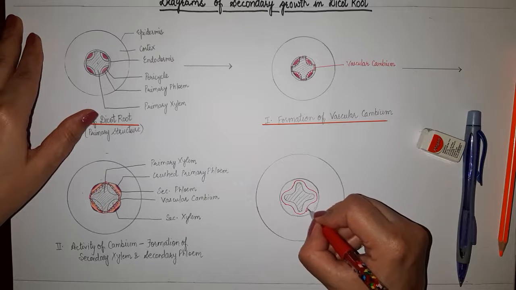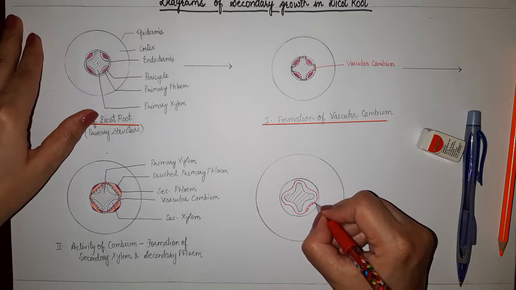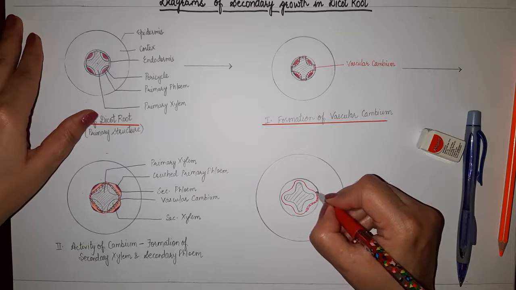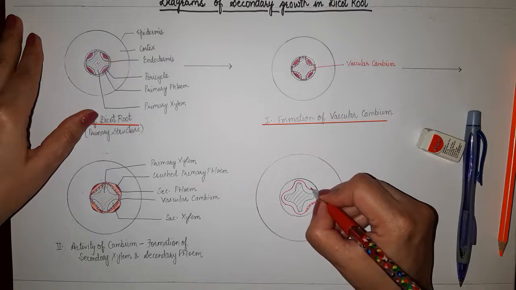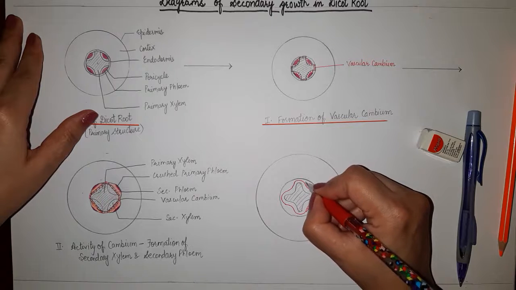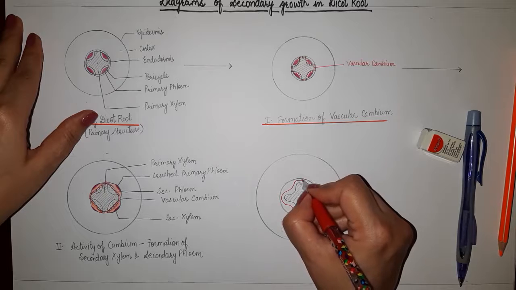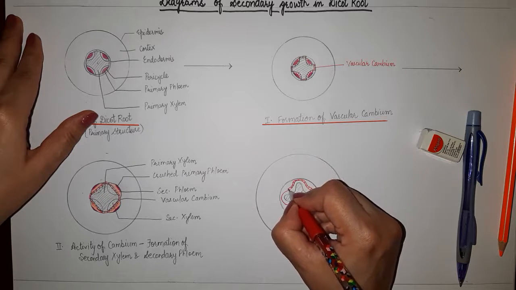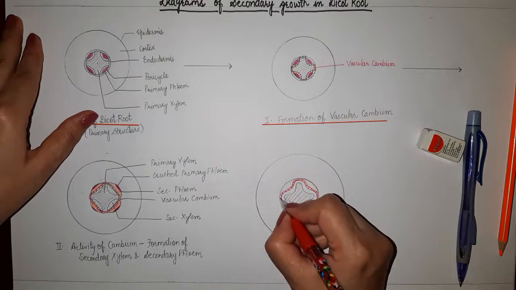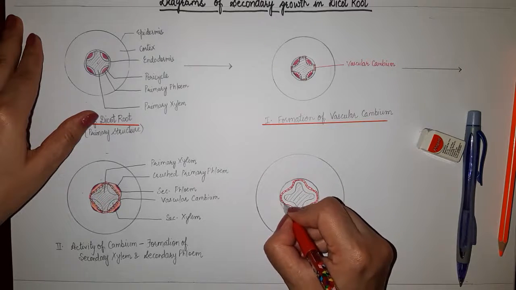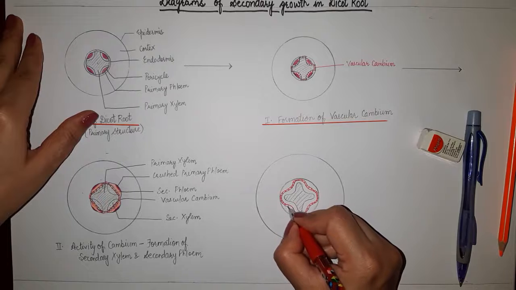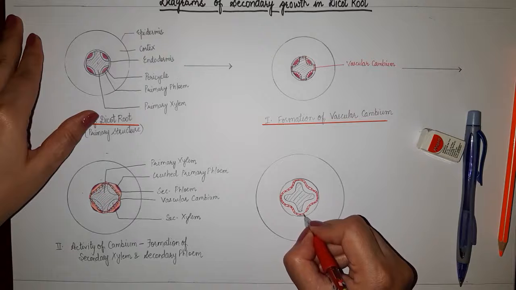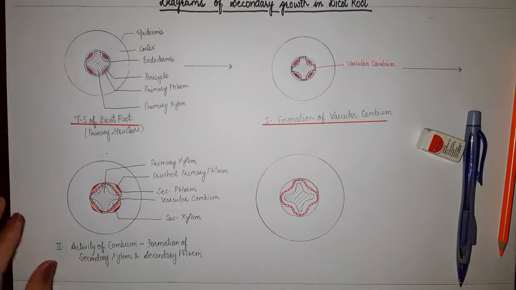So, you can make it look distinct by making a row of horizontal cells. So, this is vascular cambium.